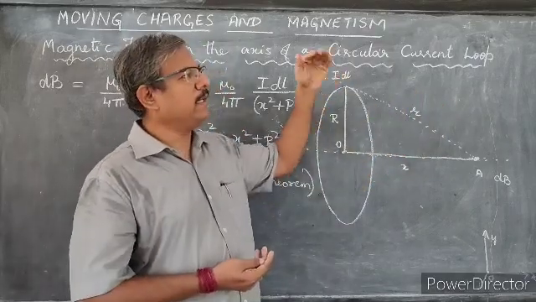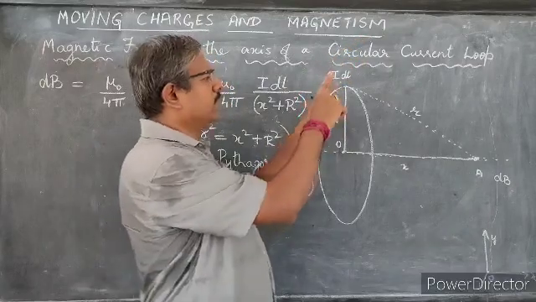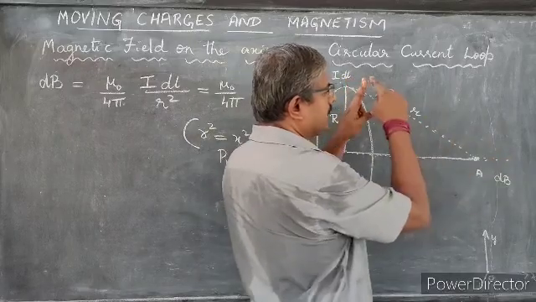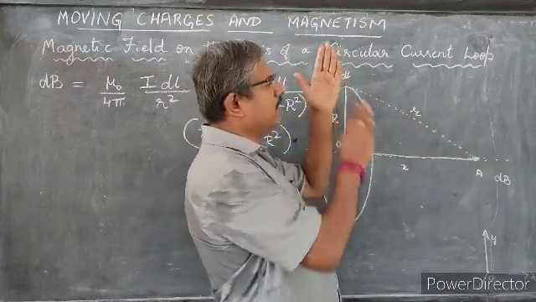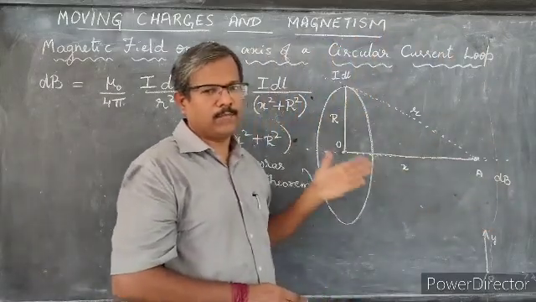So the current element is somewhere over here, if you recall the 3D figure, and the displacement vector is in this direction. If you take these two together, this is the plane that I am talking about. The board is the plane I am talking about.